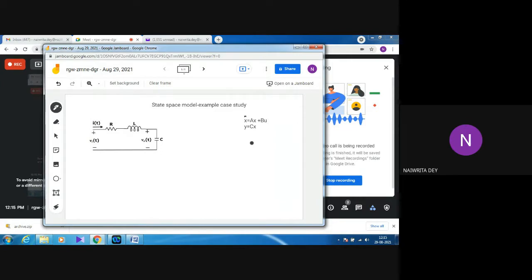We know that this x is known as the state vector, and the state vector has to be a column matrix, having order or dimension n cross 1, where n is the order of the system. So now we will just see this example.